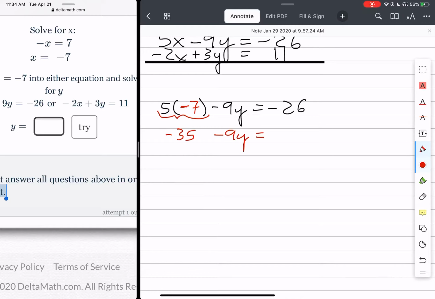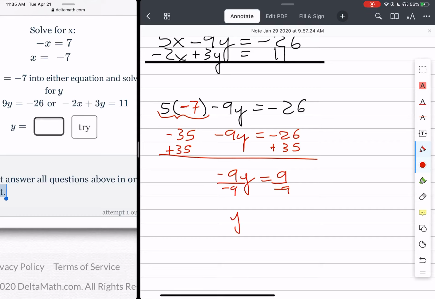Minus 9y equals minus 26. Since negative 35 and 9y cannot combine, I add 35 to both sides. Then I have negative 9y equals, and then 35 minus 26 gives me positive 9. So if I divide both sides by that negative 9, I'll get y equals negative 1.